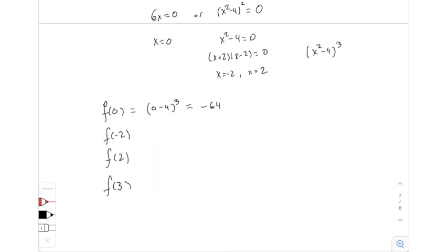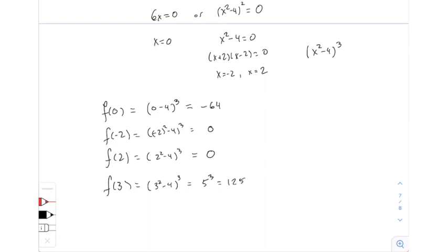Plugging in negative 2 gives me minus 2 squared minus 4 cubed. That's 0 on the inside, so 0 cubed is 0. Positive 2, 2 squared minus 4 cubed. Again, this is 0. And then 3, this is something. 3 squared minus 4 cubed is 9 minus 4, that's 5 cubed, 125.